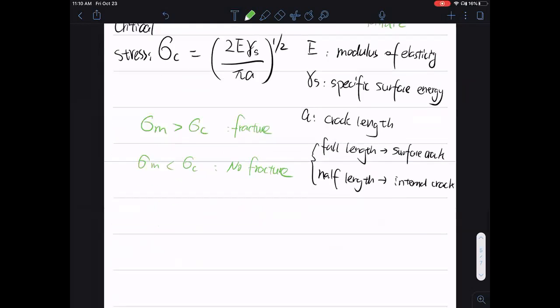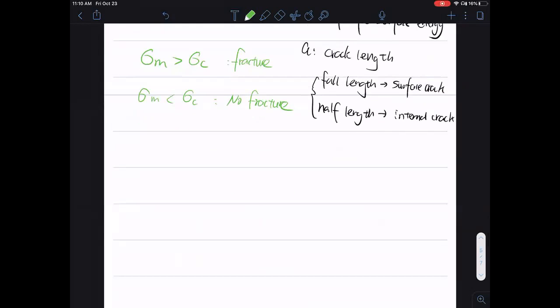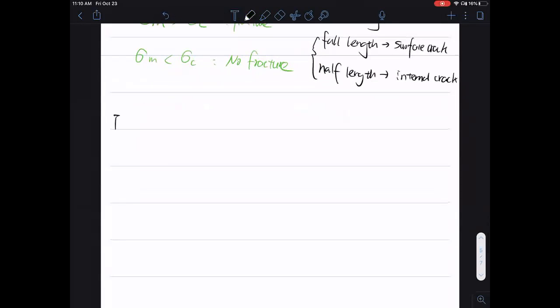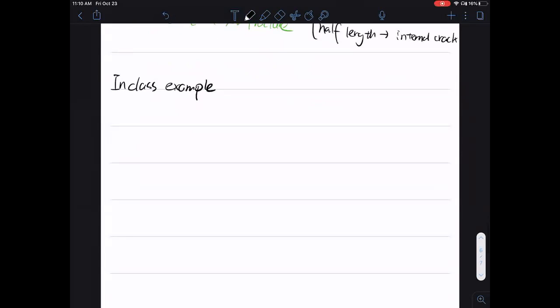Okay. Now let's look at an in-class practice problem. Check here, see what is going on. Right, thanks for letting me know.